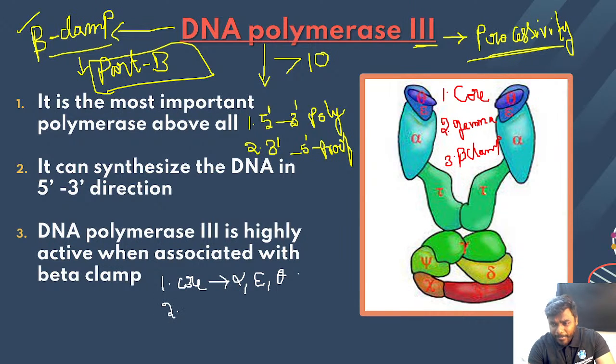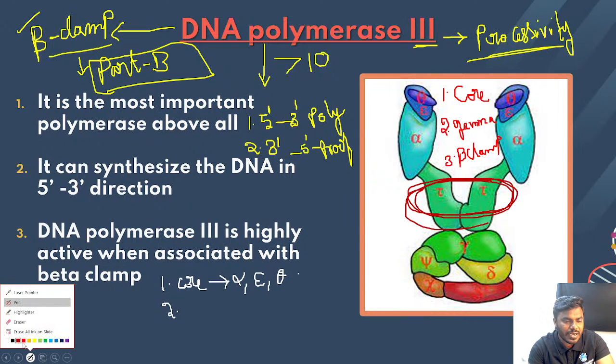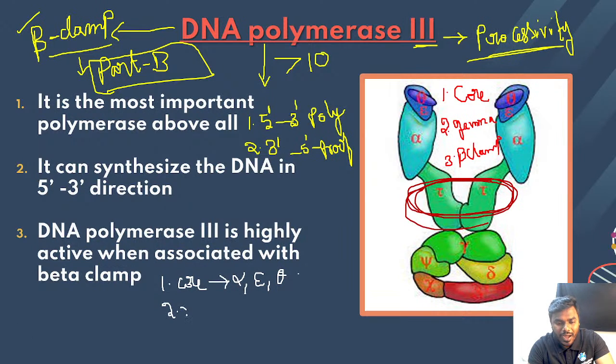Next, all of you look into the diagram very carefully, friends. There is a tau dimer located here. The tau dimer connects this core enzyme to which complex? All of you pay attention, friends. It connects to the gamma complex. Friends, what does the gamma complex contain?